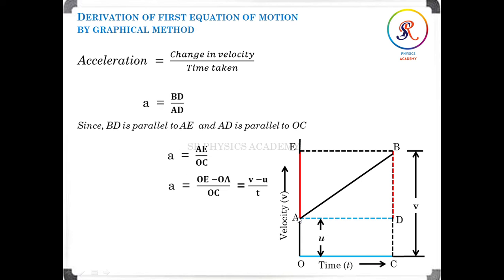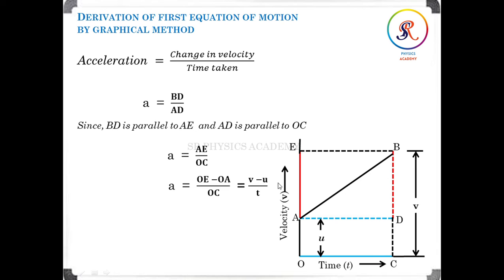We can write AE as final velocity minus initial velocity. AE is nothing but OE minus OA.